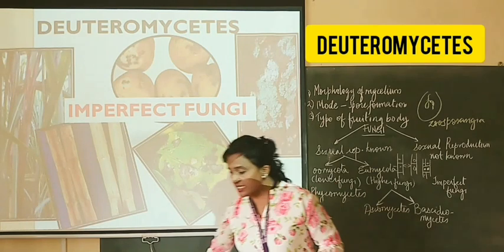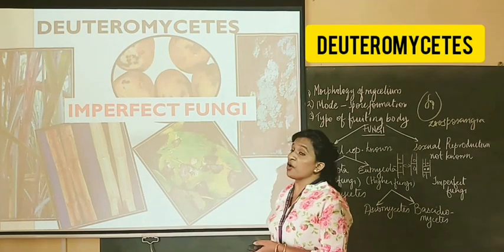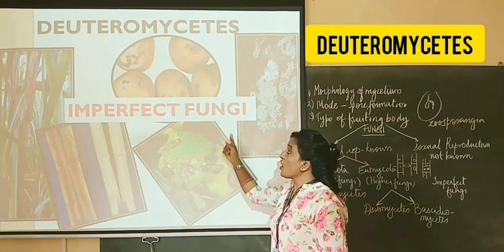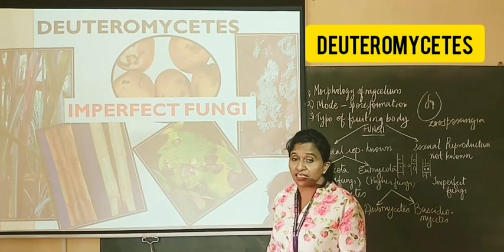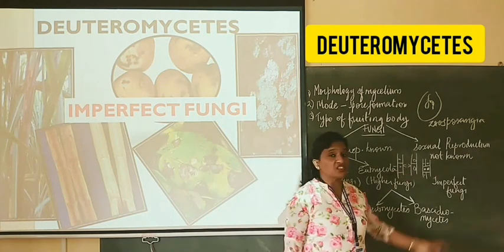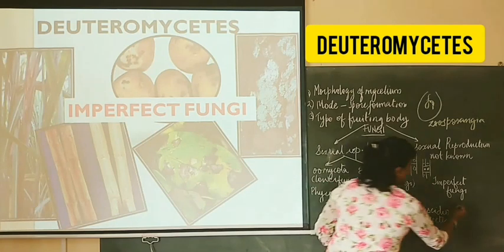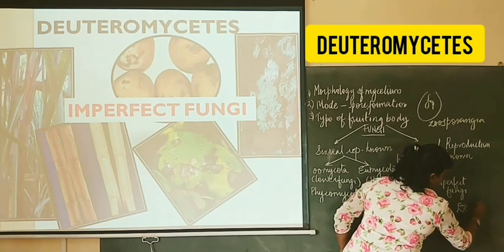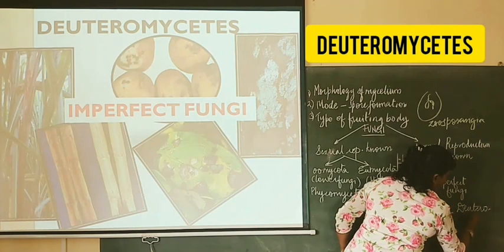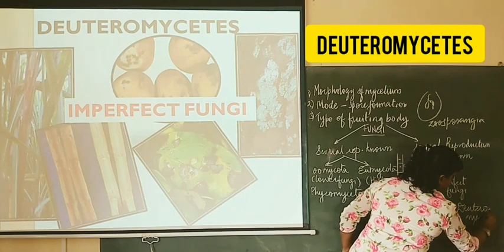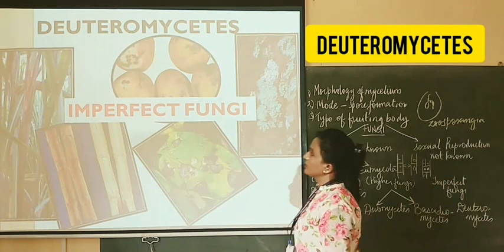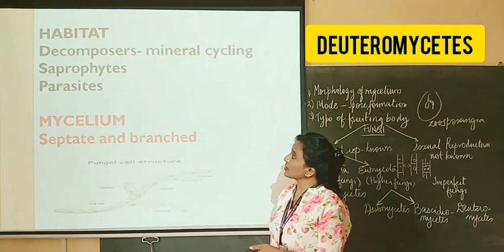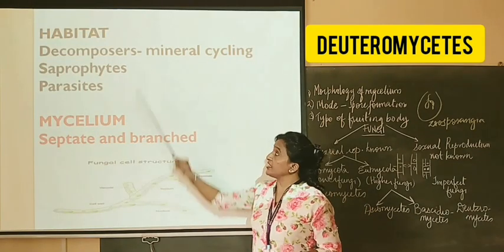The last class is Deuteromycetes, which is also called imperfect fungi since the sexual reproduction is not known. So this is the last one, Deuteromycetes. Most of the species are decomposers.